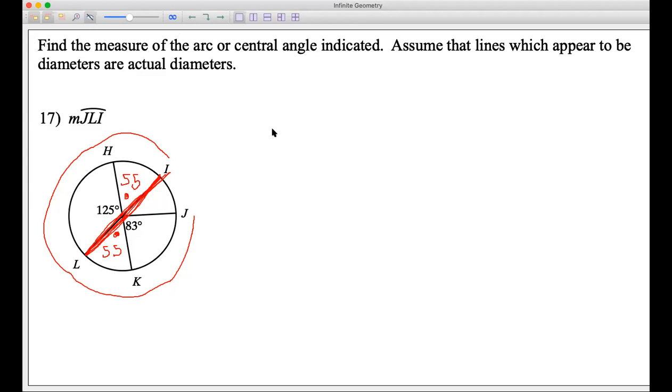Where did we get 110? We got 310. What did you get, Danny? Jenna, did you follow that logic? Yeah, I got it. Cool. All right, so that's question number 17.